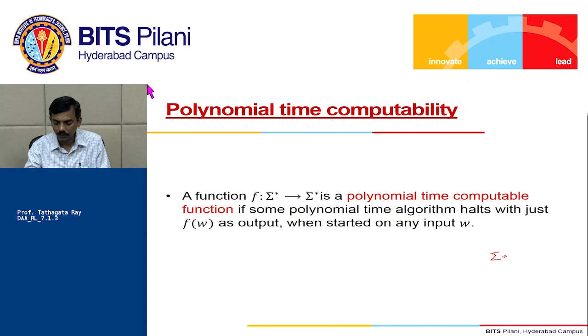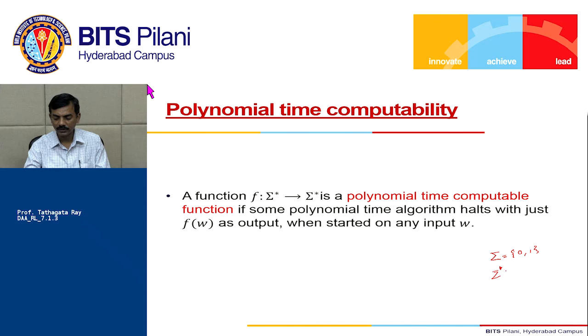Typically we said everything will be strings of zeros and ones, so I can think that this is 0 and 1. There are only two alphabets, 0 and 1. Then sigma star is nothing but all possible combinations of 0 and 1.